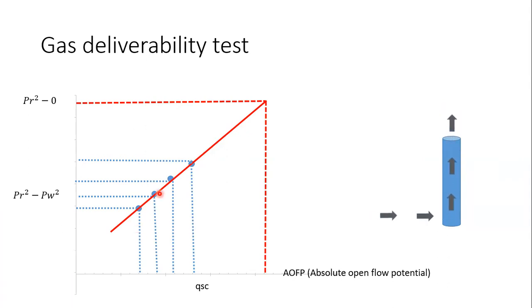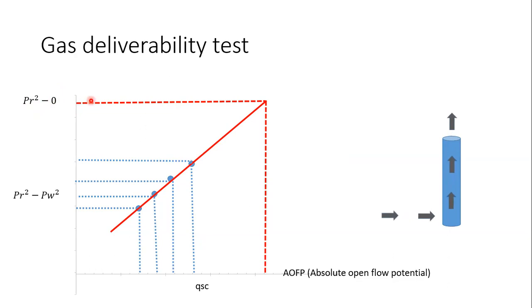We attach these four points linearly, and we extend this line until it reaches a projected line which is equivalent to PR square. Somewhere around the maximum value of the y-axis will be equivalent to PR square. Why? Because when PWF becomes 0, the difference will be equivalent to PR square.